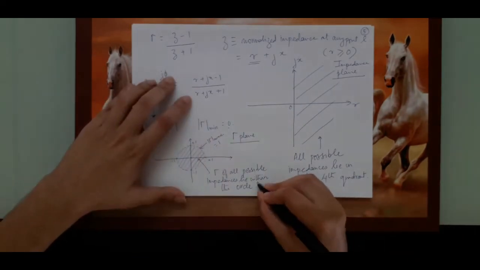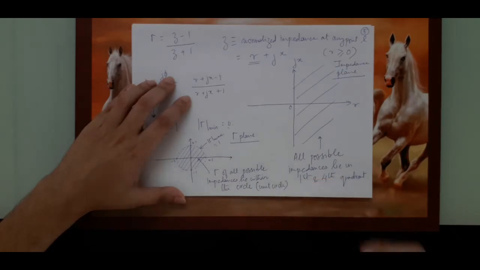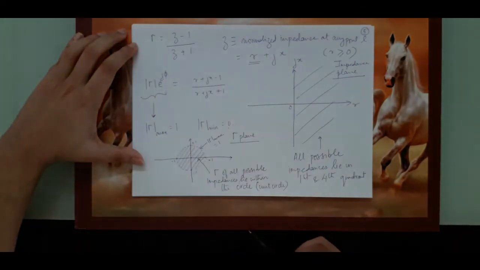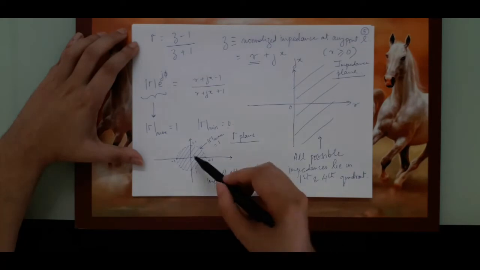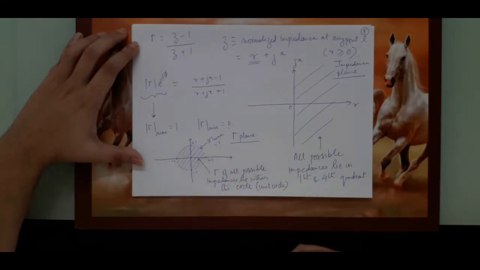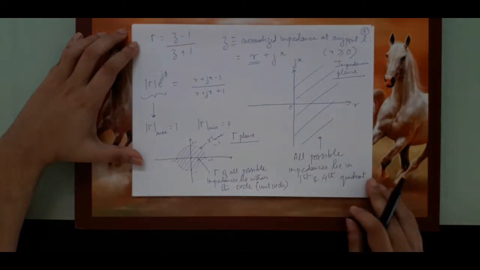It's also called the unit circle because the radius is 1. Any mod gamma equal to 1 vector will lie on the circle of radius 1. Is that fine?